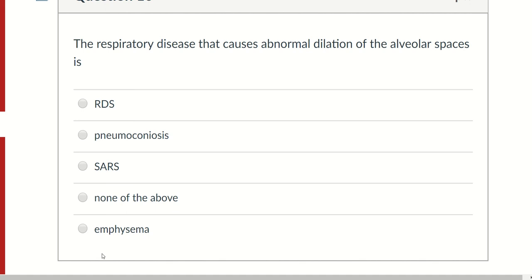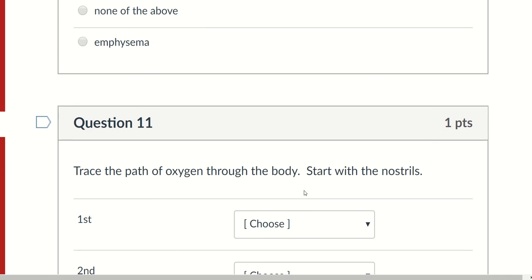Alveolar spaces: it destroys the lung sacs. If you were to guess, which one would you guess? RDS? Okay. Everyone agrees? Not sure? Okay, we'll go to the next one. We'll submit and see which one's right.